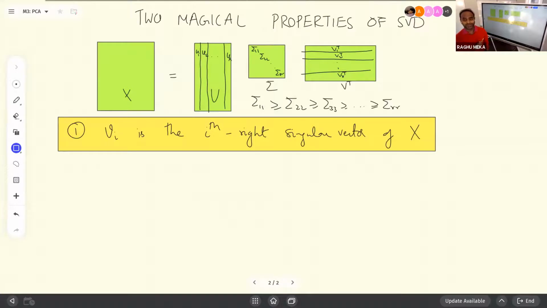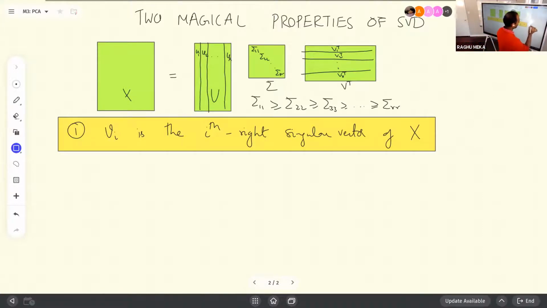Now this is a magical property because we define singular vectors in a completely different way. We said, okay, the first singular vector is the solution to some maximization problem: maximize the norm of X times v, where v was unit norm. But here I'm saying if you compute the singular value decomposition and order the middle matrix sigma in terms of decreasing entries, the first row gives you the solution to the right singular vector optimization problem.